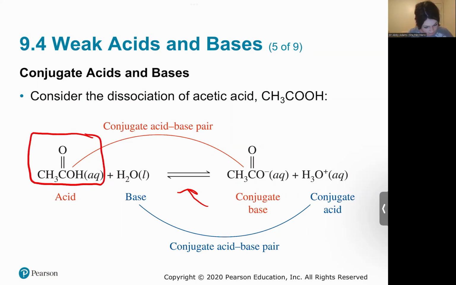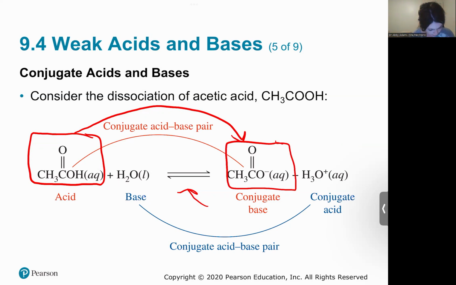And if I look over and say, look, I've got something very similar looking over here, like I have acetic acid and some acetate ions on this side. What has happened? Well, it looks like a proton, or this hydrogen, has been given. So this is my acid because it's a donor.